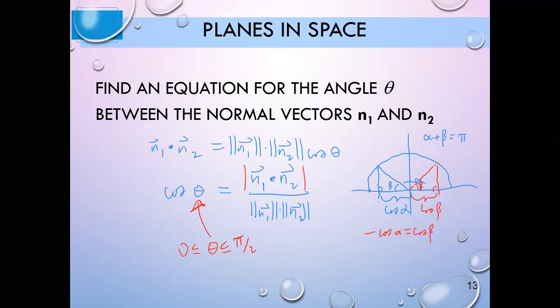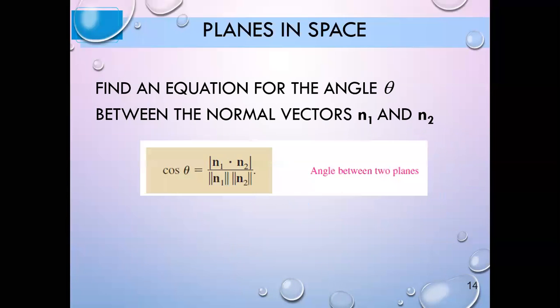I think that's kind of cool, right? You can flip the situation around just by thinking about how cosine works, okay? So you take the absolute value of the dot product of the normal vectors. And then that theta will be the angle that happens to be smaller than 90 degrees. I think that's cool. Okay, so here's the formula.